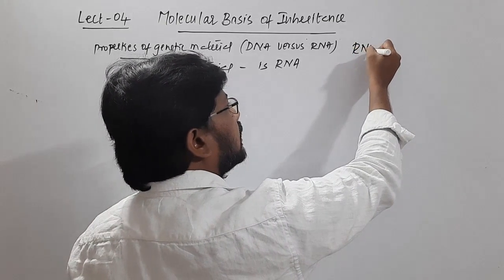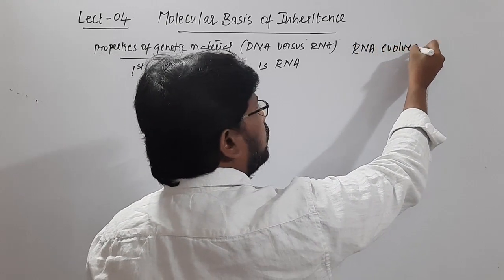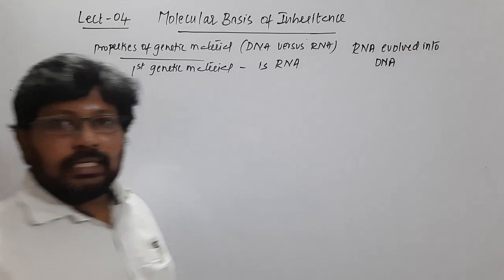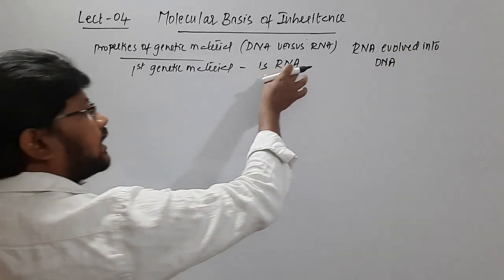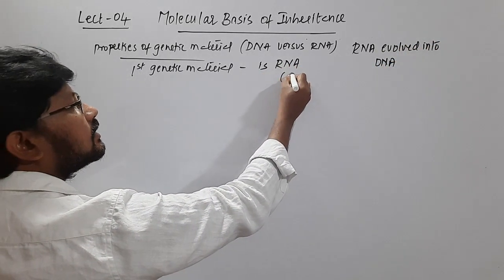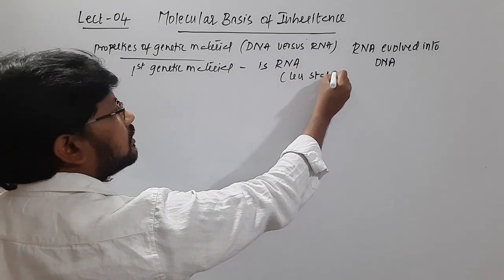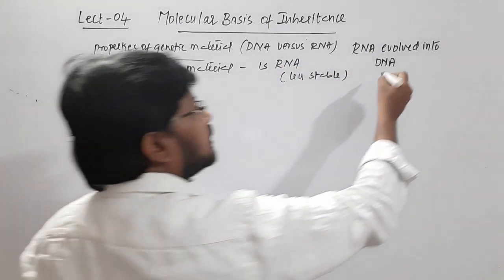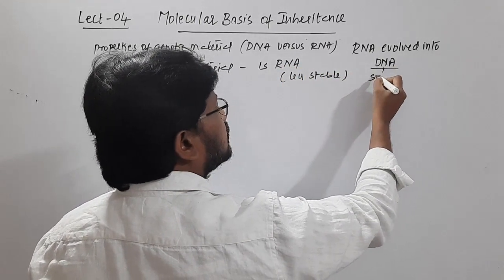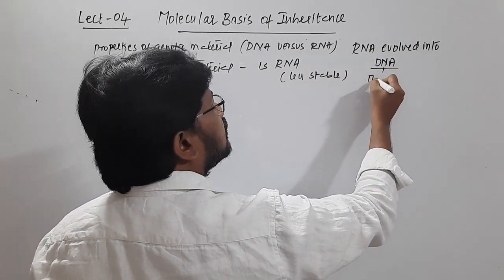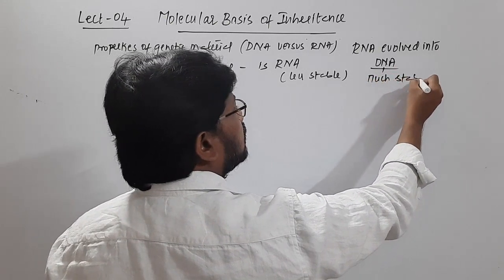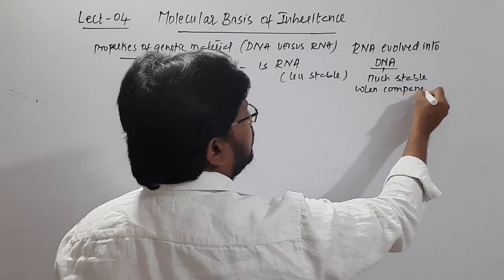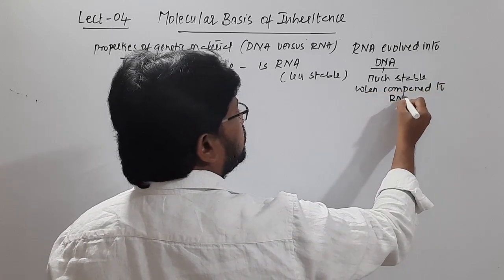That is, RNA evolved into DNA, and RNA is less stable when compared with DNA, so DNA is much more stable when compared to RNA.